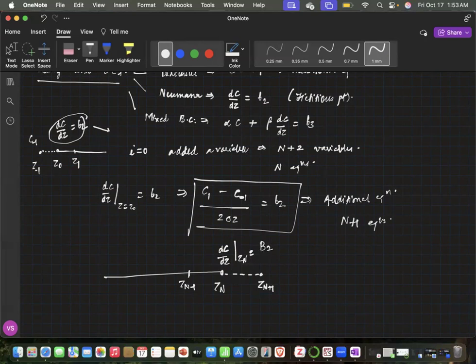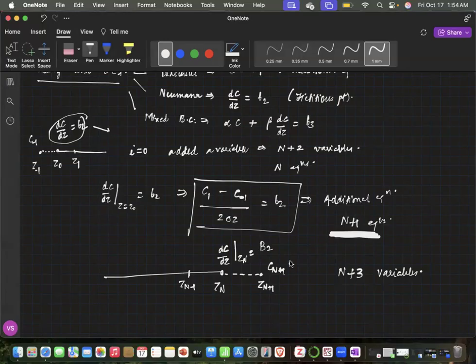So once again, we have added a variable Cn plus 1, right? So now we have n plus 3 variables, right? And we so far had n plus 1 equations.